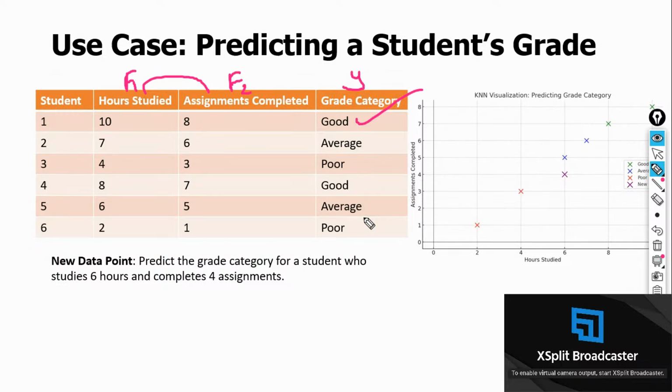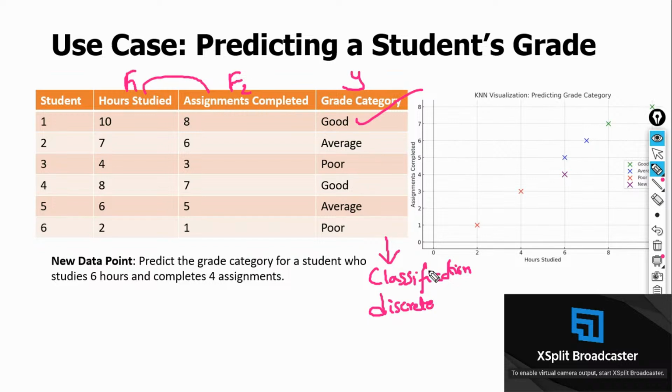So first of all, what we have to do is identify what problem it is. It is purely a classification problem. Why? Because what values do you see under the Y column? I see discrete values. Yes. So if it is discrete, obviously it will be a classification problem.